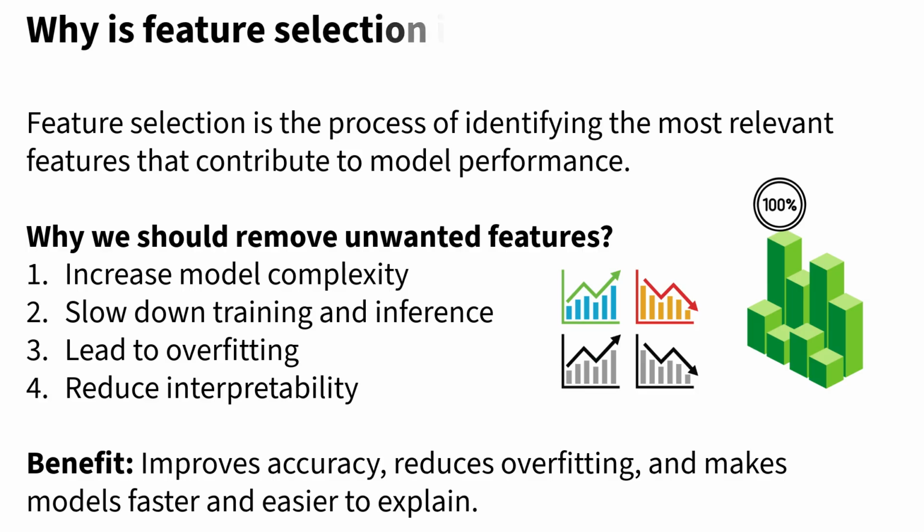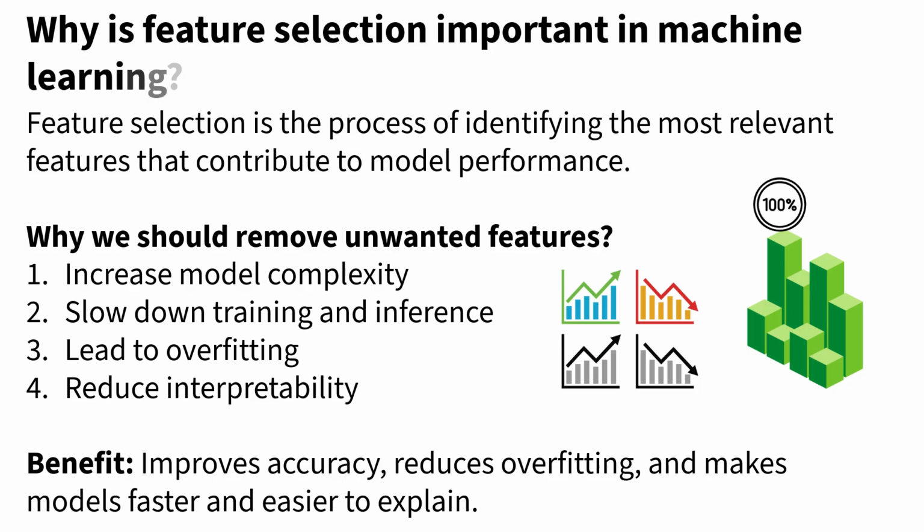Why is feature selection important in machine learning? Too many features don't make a model smart, they make it confused. Feature selection is the process of identifying the most relevant features that contribute to model performance. Using irrelevant or redundant features can increase model complexity, slow down training and inference, lead to overfitting, and reduce interpretability.